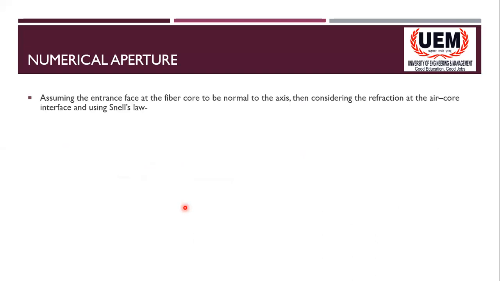So assuming this, and using Snell's law that we have already studied, we can write this phenomenon for the case when light is falling in the core region, that means from the air medium to the core medium.